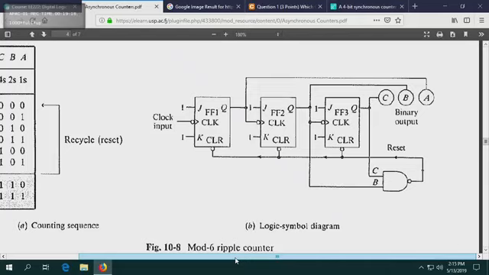Now the thing about asynchronous counters, what's the difference between asynchronous and synchronous? Well, obviously the first difference is how the clock is connected. Everyone knows that, right? The clock in synchronous is all tied together, so it's all synchronized. In asynchronous, it gathers its clock from the previous line.